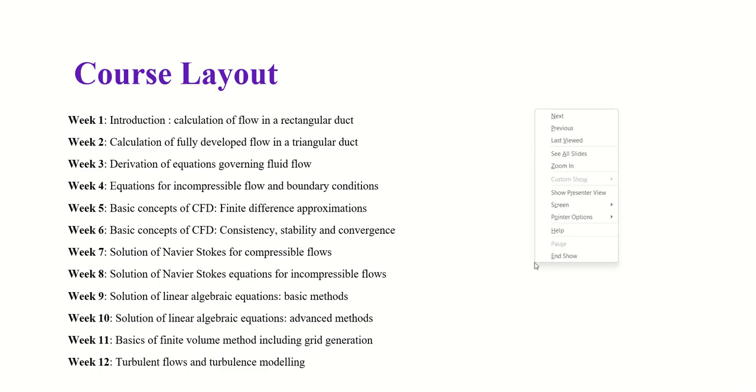As far as this course is concerned, we have seen a few topics covered in previous weeks and solved problems accordingly. For example, the calculation of flow in a rectangular duct, the calculation of flow in a triangular duct, and the derivation of governing equations for incompressible flow and boundary conditions. Last week we specifically saw finite difference approaches, and this week it is mainly about consistency, stability, and convergence.